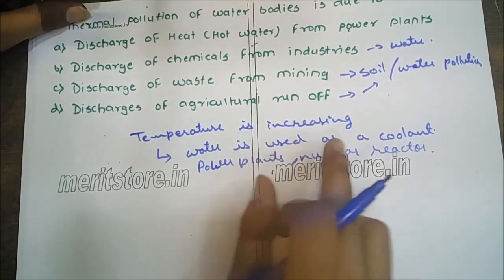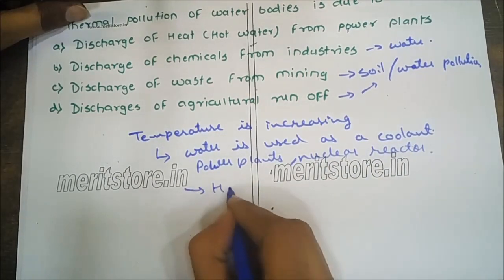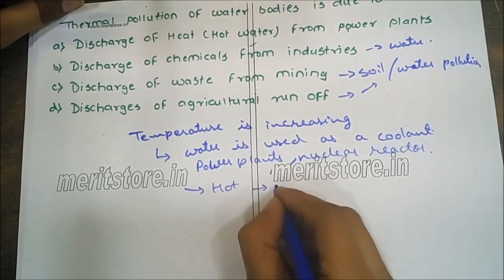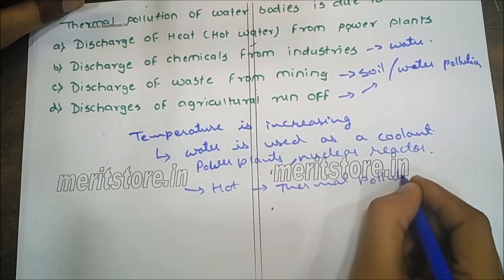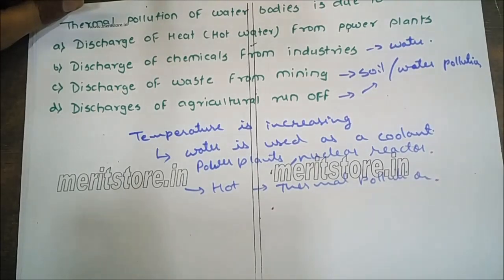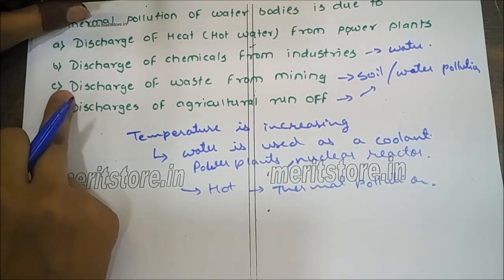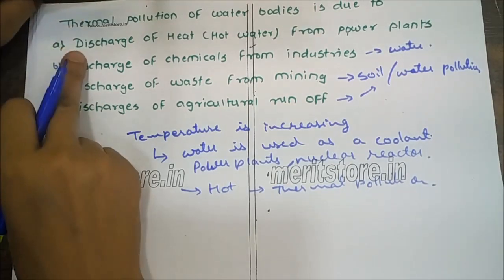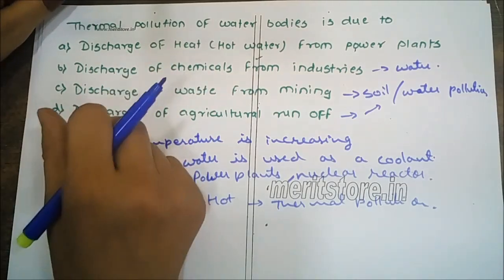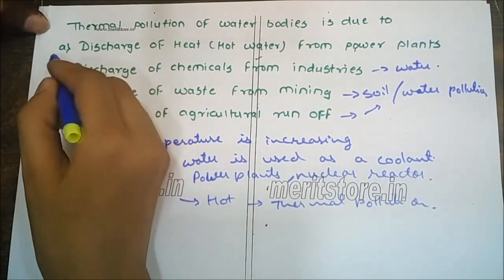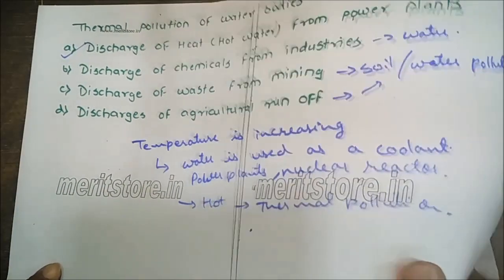So this water is used as a coolant, and after cooling this water will become hot and it will cause thermal pollution. So because of these three pollutants, the water is getting polluted, but because of discharge of heat from power plants, it is causing the thermal pollution of water. So our answer will be A, discharge of hot water from power plants.